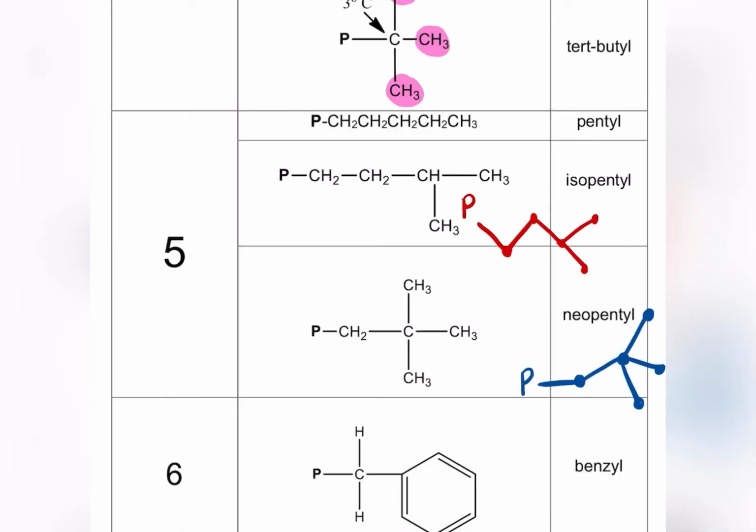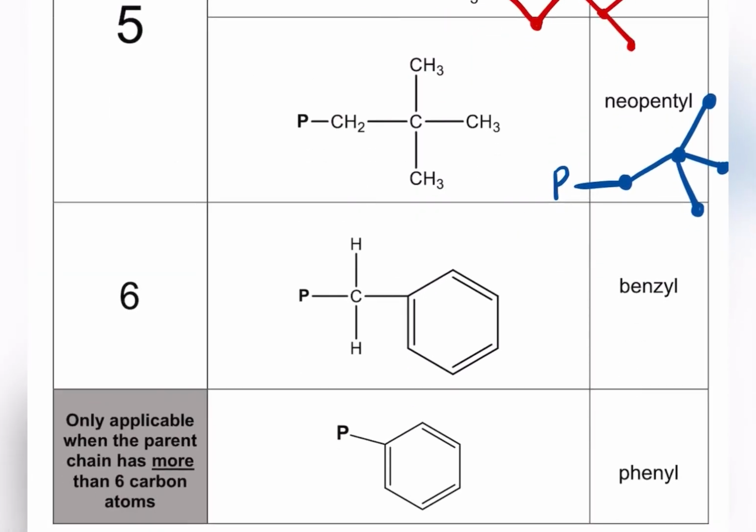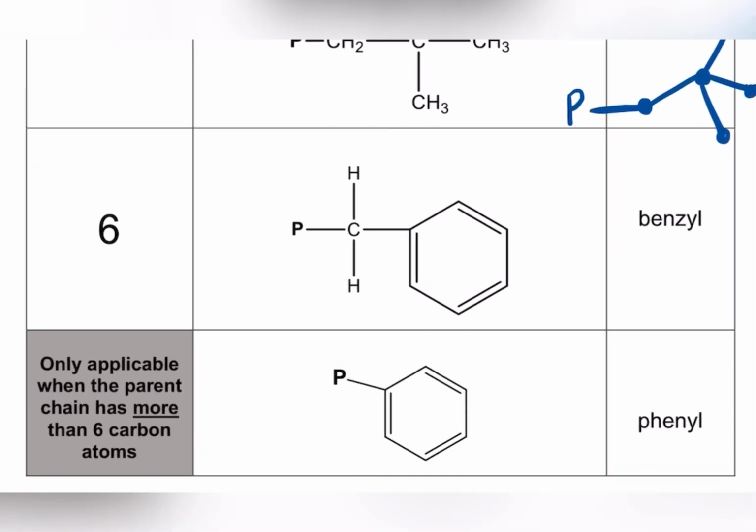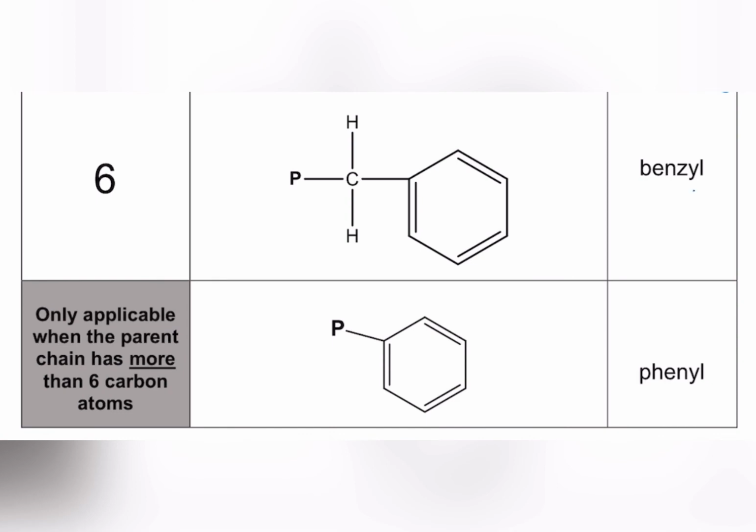Next one, we go to 6 carbon atoms where I got my structures, which are benzyl and phenyl. So let's go to benzyl first. Benzyl means that you got the benzene ring, but before directly attaching to the parent chain, you got CH2 in the middle of them. So that is how you want to draw the structure for benzyl.